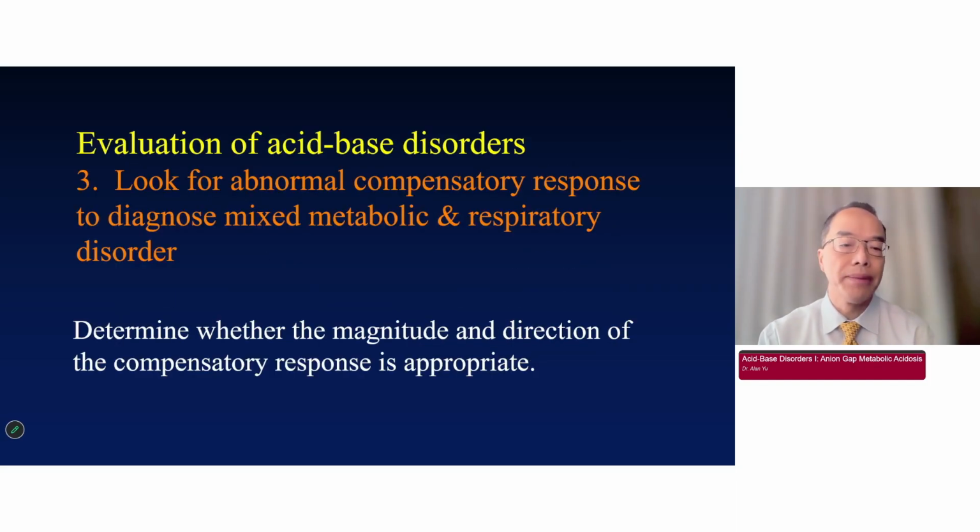And then the third step is to look for the expected compensatory response, because the body has an excellent ability to compensate for and correct for acid-base disturbances, and by so doing to diagnose mixed disorders.